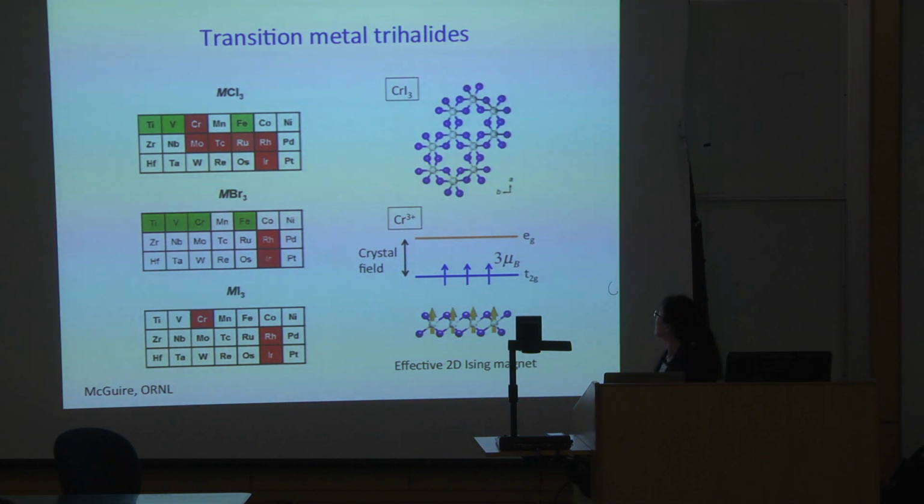And the way it's magnetic is you can think of the chromium giving 3 electrons to iodine, and then you have 3 remaining, and because of the crystal field, those 2 levels split, and then the 3 electrons live here, and they line up. So this is ferromagnetic, and the spins in this case are out of plane. So you can think of it as a 2-dimensional Ising, and they live in a honeycomb, okay?